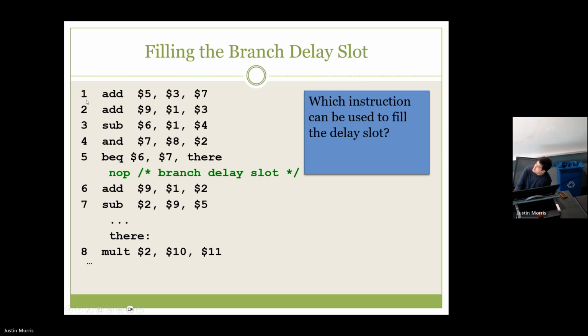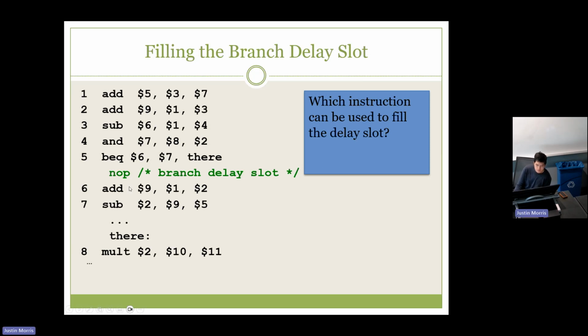What about 1? This add. I thought that one was the best option because of the second register 9. If we place that one where the delay is, then the 6th instruction will be dependent on that one. So I think number 1 is independent of all the instructions before and after.